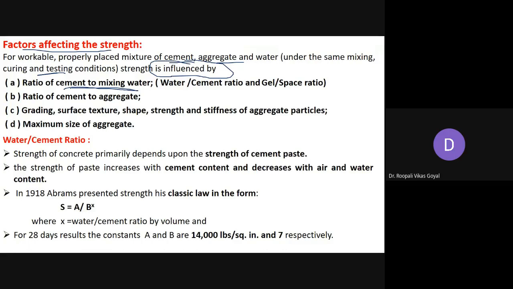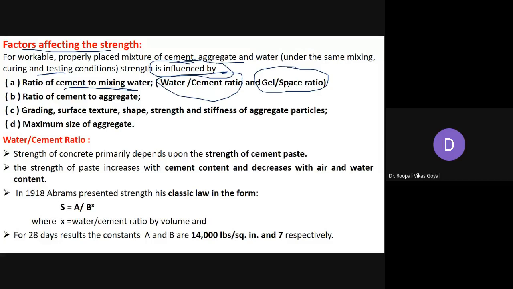And gel to space ratio. When we talk about gel to space ratio, we are talking about the hydrated products that are developed due to the hydration process. So we are not only taking the cement, but actually the product which is responsible for strength. So gel to space ratio is the whole space which is available, and the gel, which is the actual hydrated product that has developed.